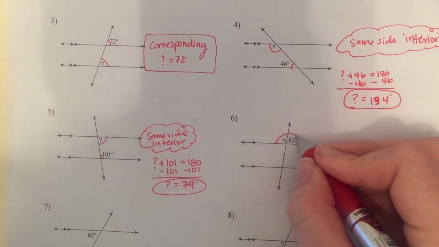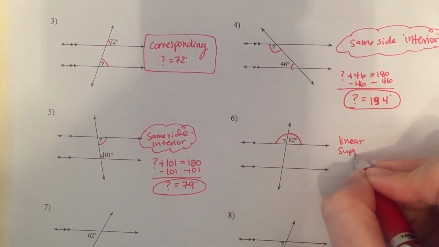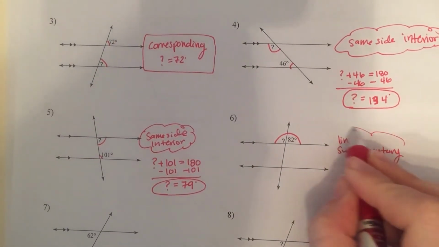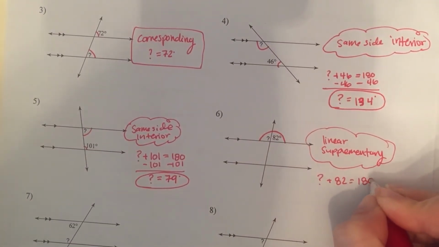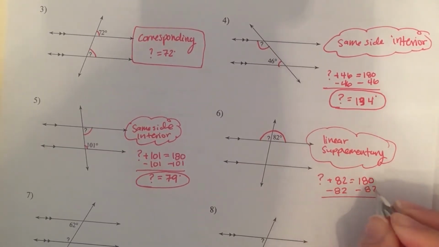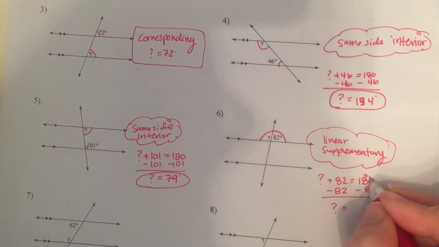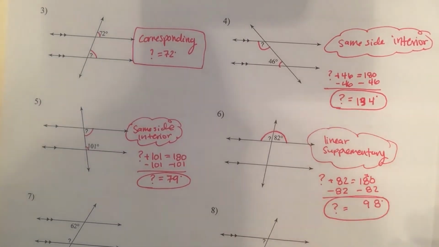These two would be named linear, or you could pick supplementary. Which means the question mark plus 82 equals 180, minus the 82 from both sides, and you get 98 degrees.